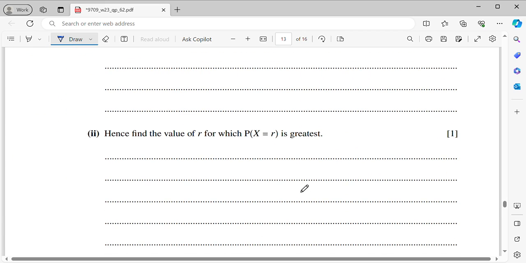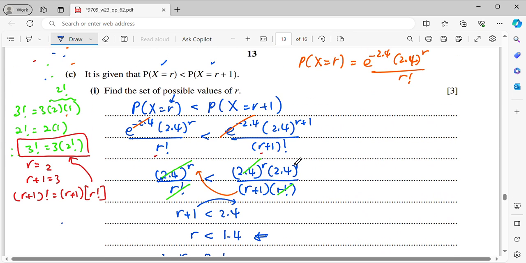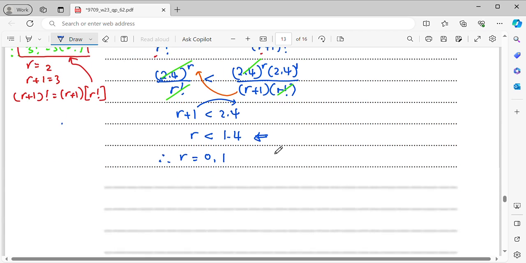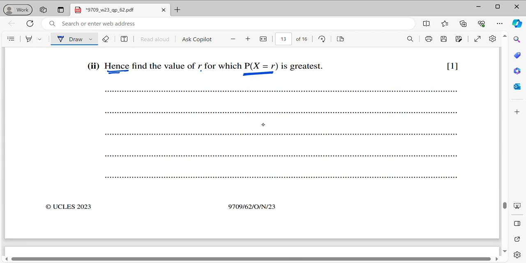Okay, now next part, hence. Hence means use the previous answer. Find the value of r for which the probability of X equals r is greatest. So now from here, from the previous part, we know that P(X equals r) is less than P(X equals r plus 1).